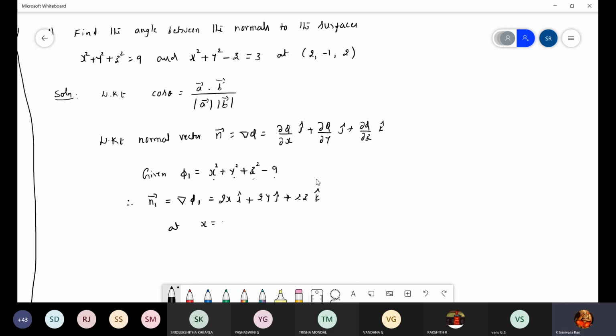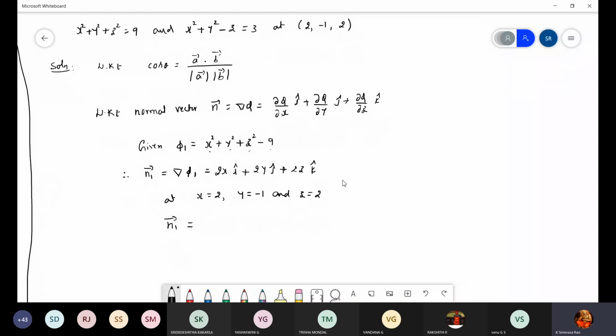At x equals 2, y equals -1 and z equals 2, you will get n1. I will write n1 only, not grad phi 1, to keep it simple.